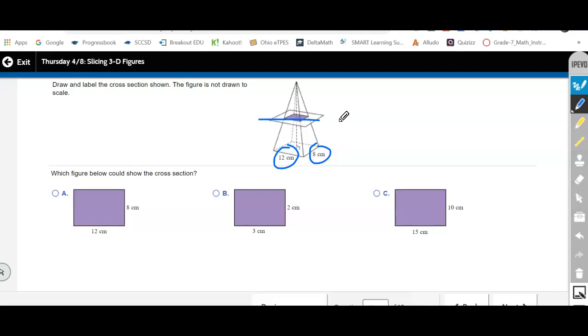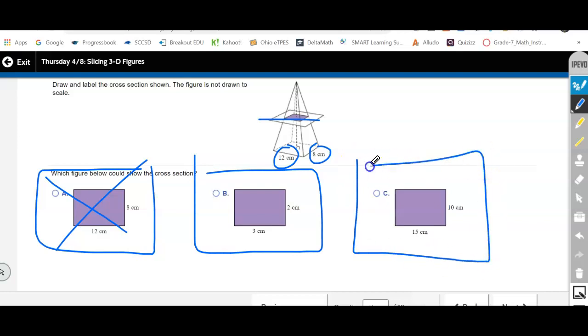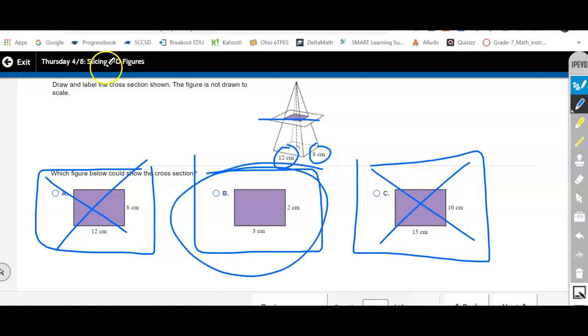Smaller. So my options are, it says 12 by 8. A says 12 by 8. No, it can't be the exact same size. B says 3 by 2. Yeah. That could be. Let's look at C. Says 15 by 10. That's bigger than the bottom, right? So there's no way that can work. So it's got to be B.